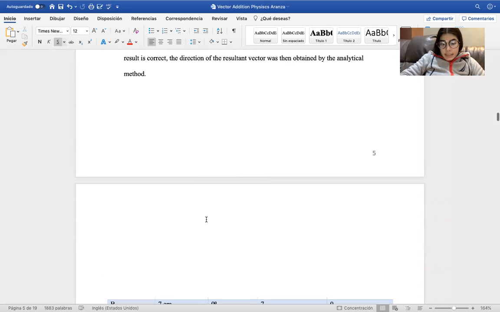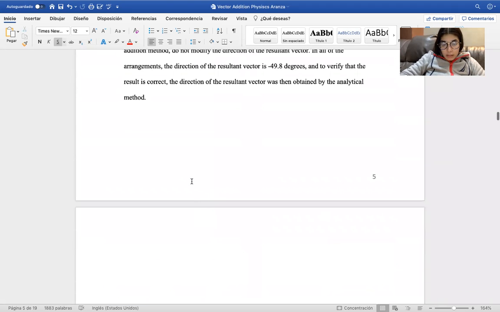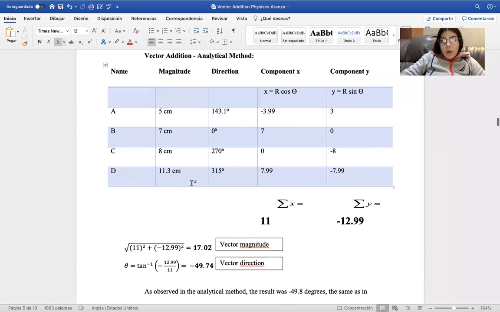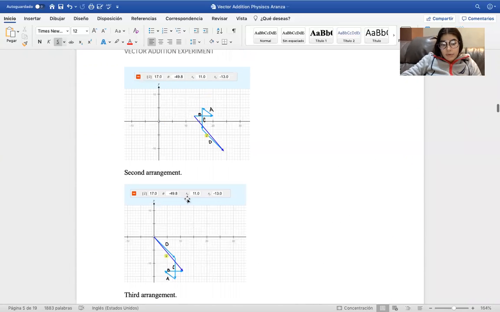And I then did the analytical method, where you only use mathematical operations. So you take the square root of the x components and the y components to obtain the vector magnitude, and then you obtain the angle with tangent, and we can see that we obtain exactly the same angle, that is minus 49.74, as in the graphical method.